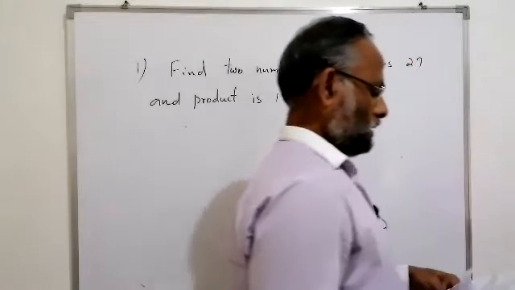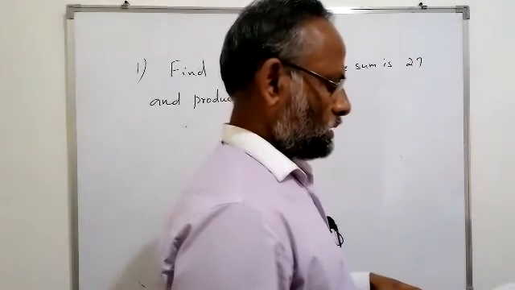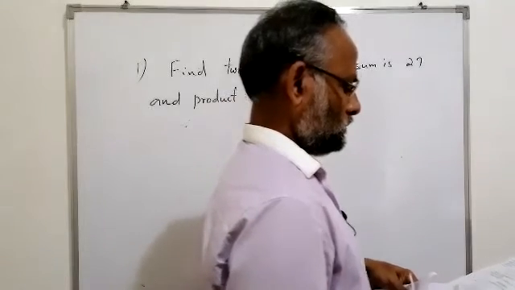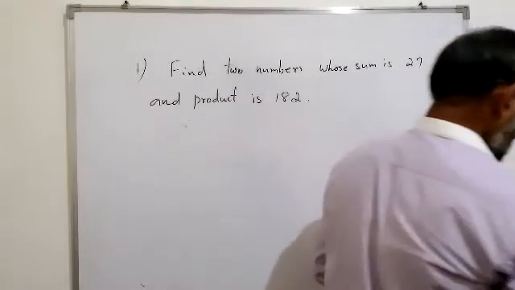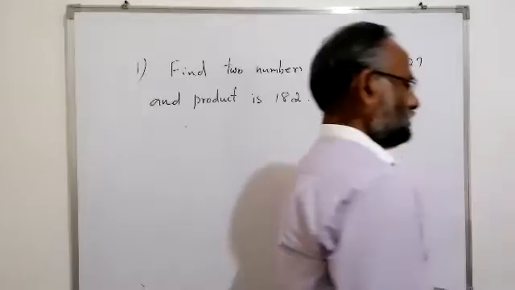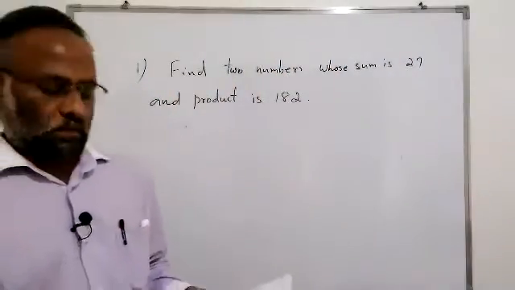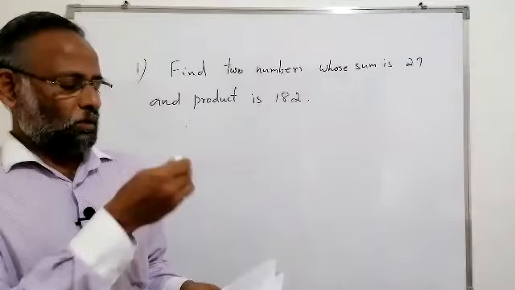Find two numbers whose sum is 27 and product is 182. Look here, don't confuse. You understood the question?